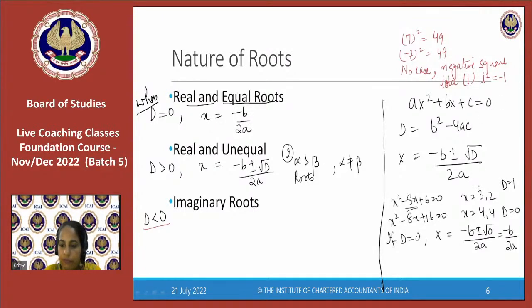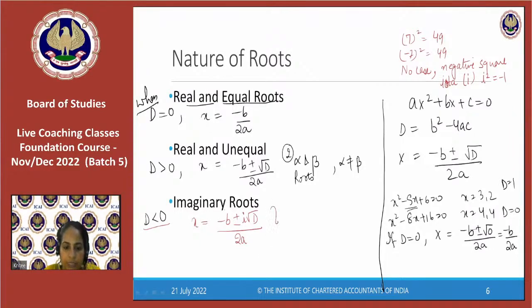So wherever we get a negative D, that -1 is replaced with i square. When we have a negative D, you still follow the same formula, -b plus or minus root D by 2a. But since my D is a negative number, I will have an iota attached to it.